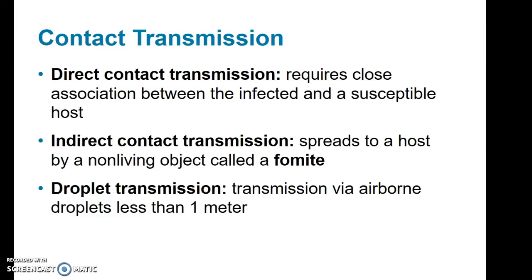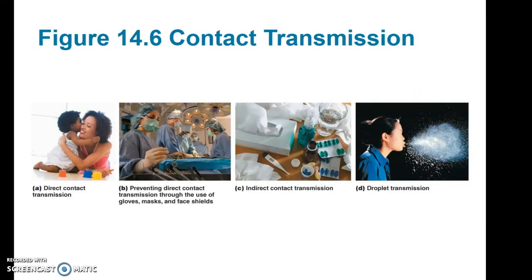A non-living object that can pass on a microbe is called a fomite. And then you have droplet transmission, which is the transmission of microorganisms through airborne droplets. Usually those can be transmitted a meter or less away. These are pictures from your book showing an example of each of the types of contact transmission.